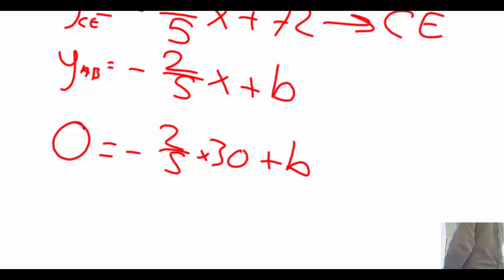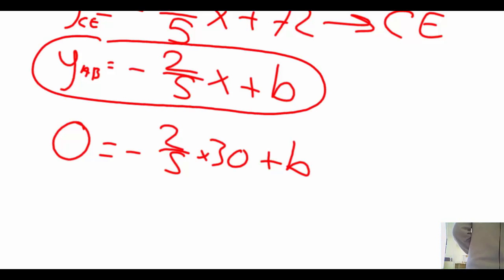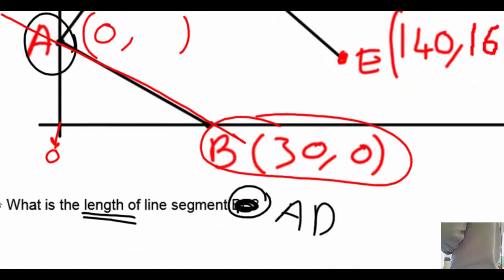So using the equation that I don't completely know yet, I'm going to replace y and x, because the coordinates are given to me at just one point. This is the clue. This is your step 2.